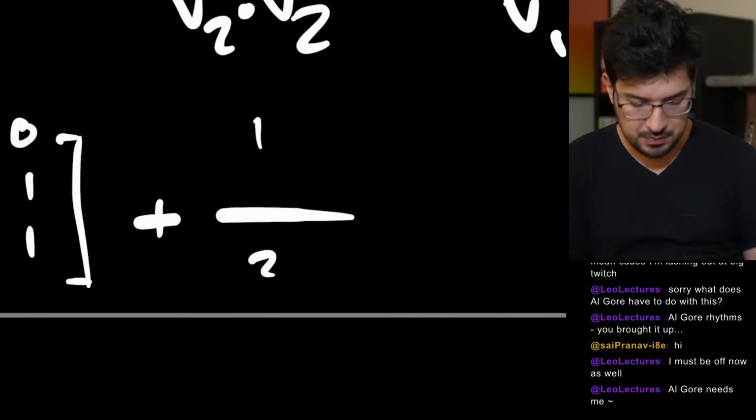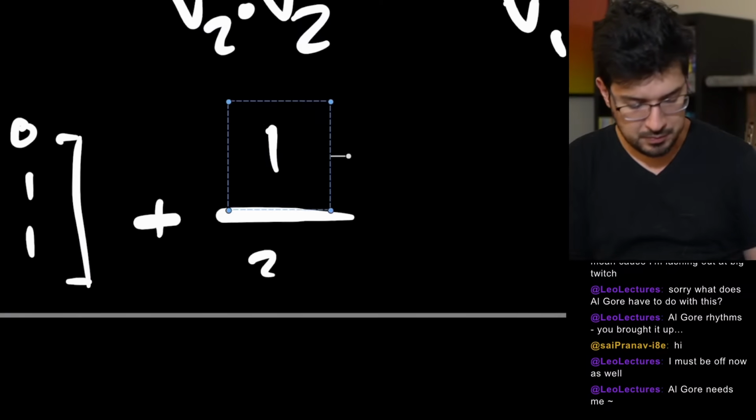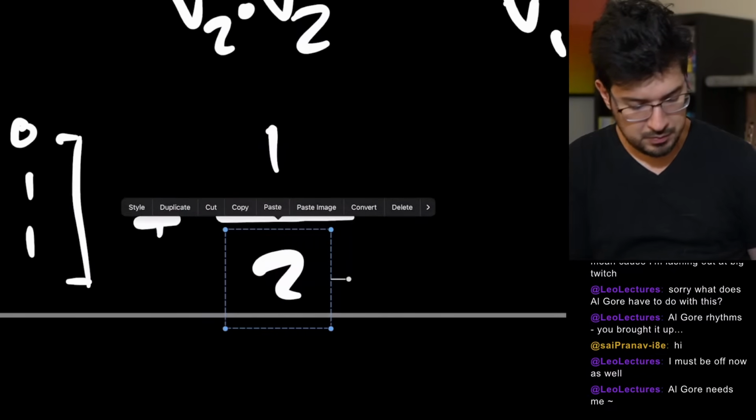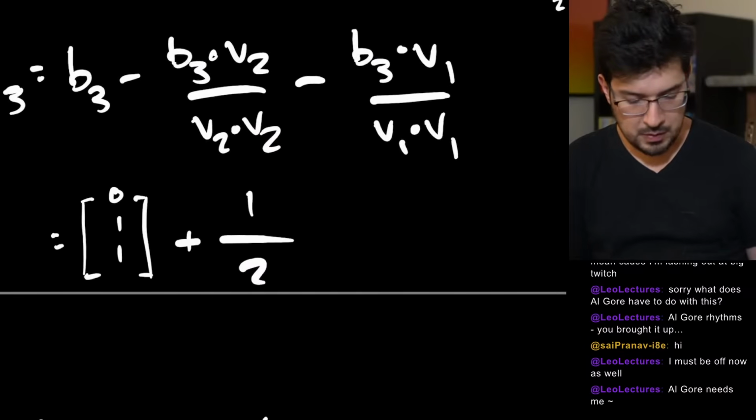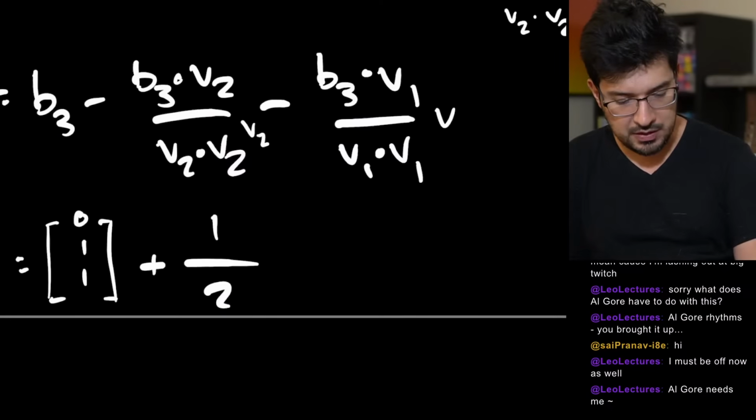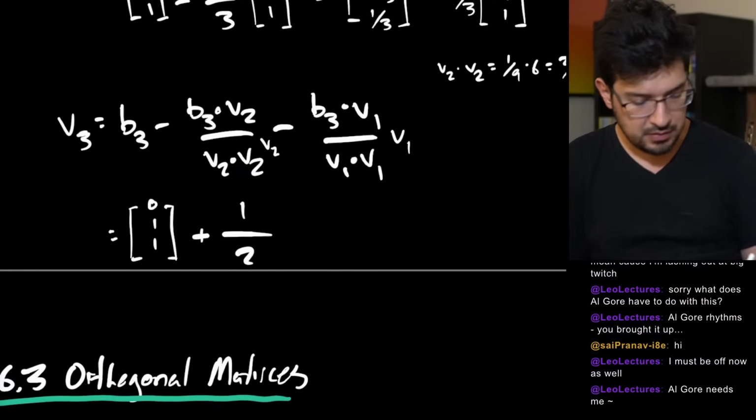There we go. We have 1/2 times vector V2, and this is vector V1.